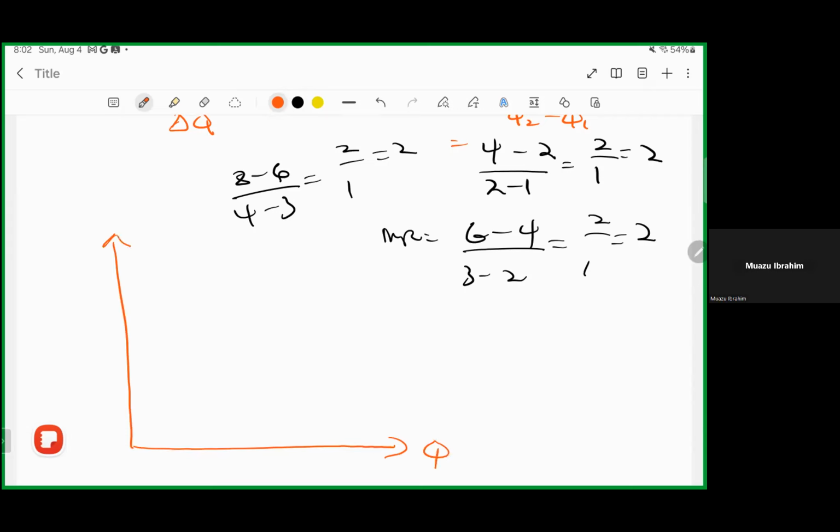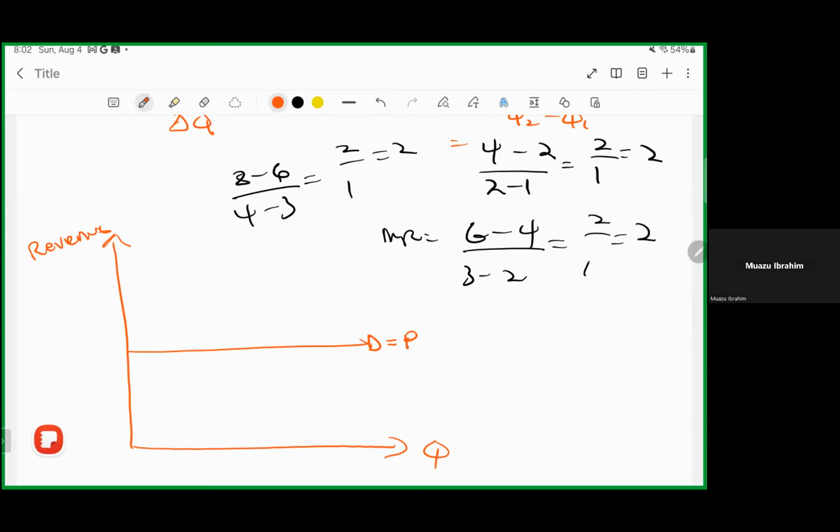This one here is the revenue. Remember we said price is fixed. So we have price here. Remember, this is the same thing as the demand curve.